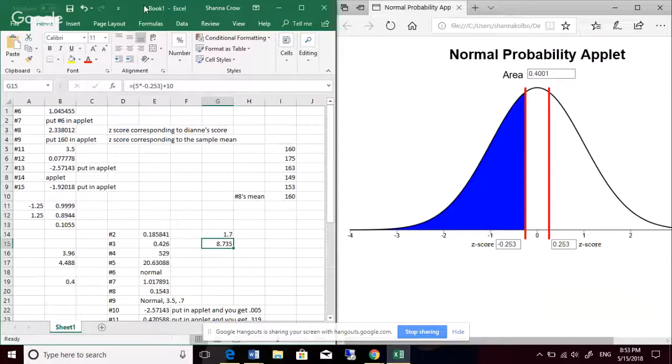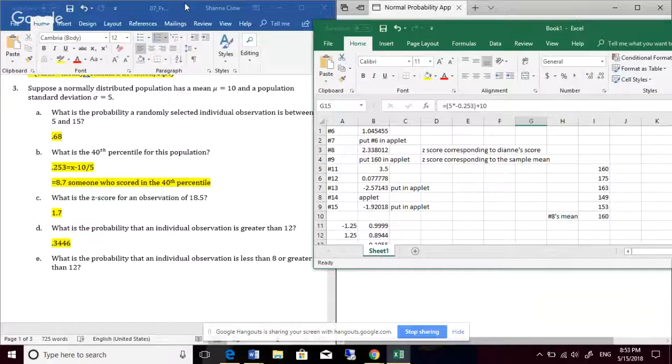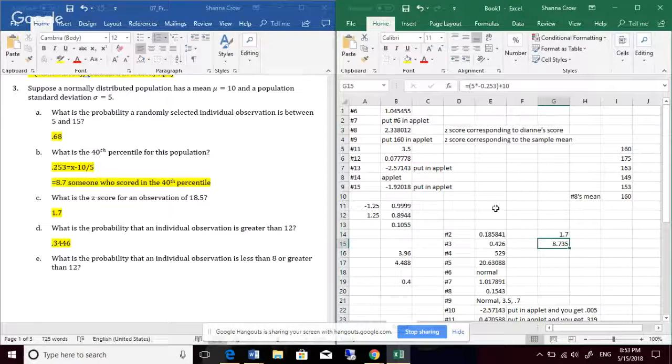Yep. Okay. So 18.5 minus 10 over 5. 1.7. Yep.